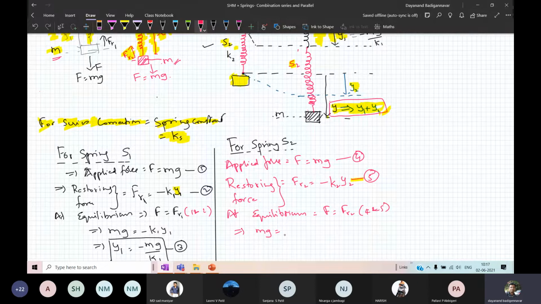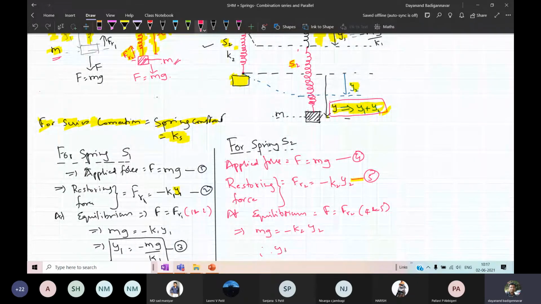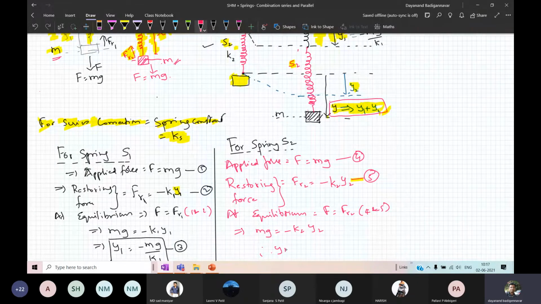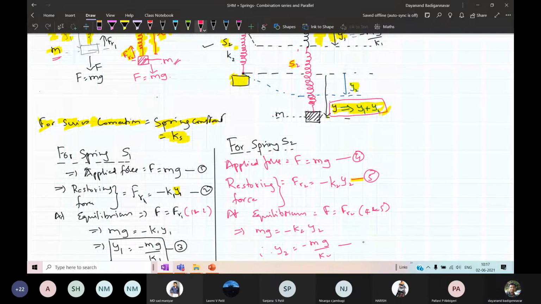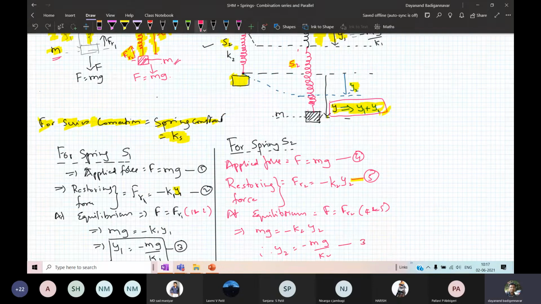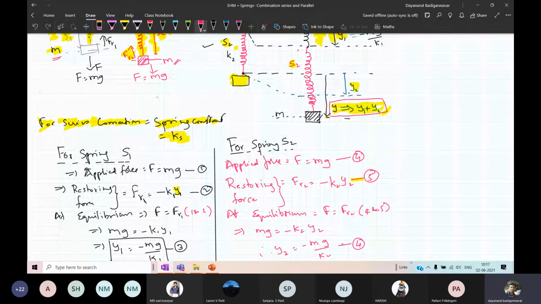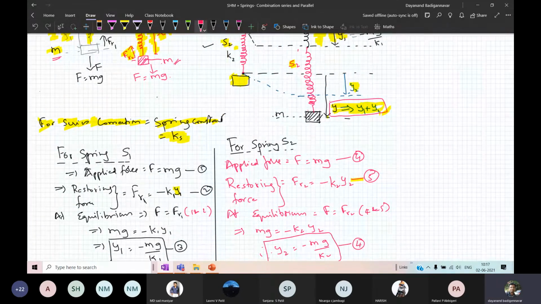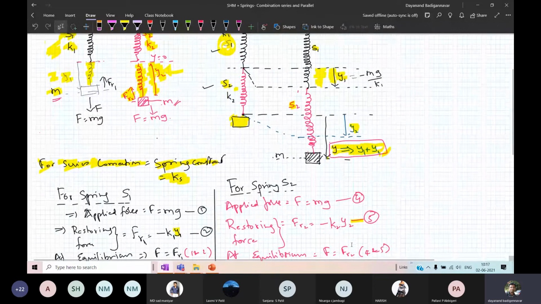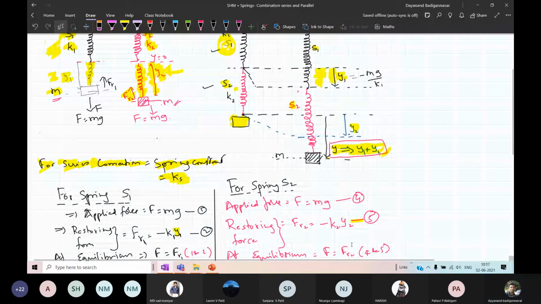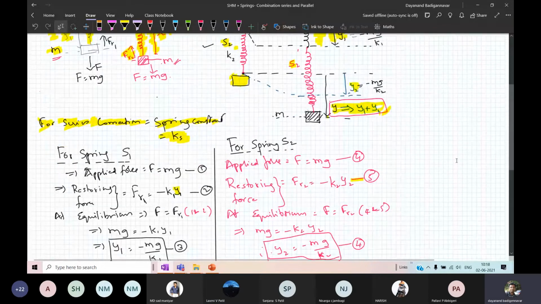This is a very important equation for the displacement. This is how you can find the displacement. Got it? Now, y2 I have evaluated. What is y2? Minus mg divided by K2. Got it? So I have equations 3 and 4.